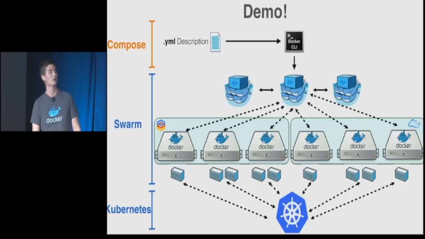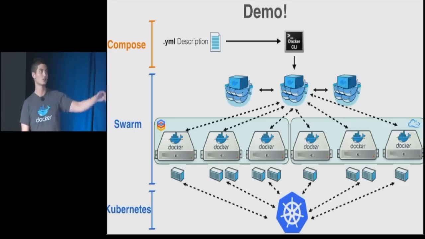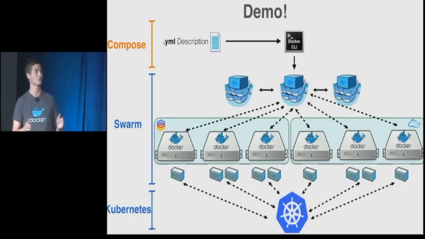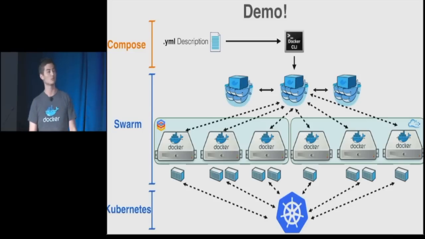So in this demo, I have my Docker Compose file that describes what a Kubernetes cluster is. I have 6 machines on 2 different clouds. 3 of them are running on GCE, and 3 others are running on DigitalOcean. Those machines are pretty empty.